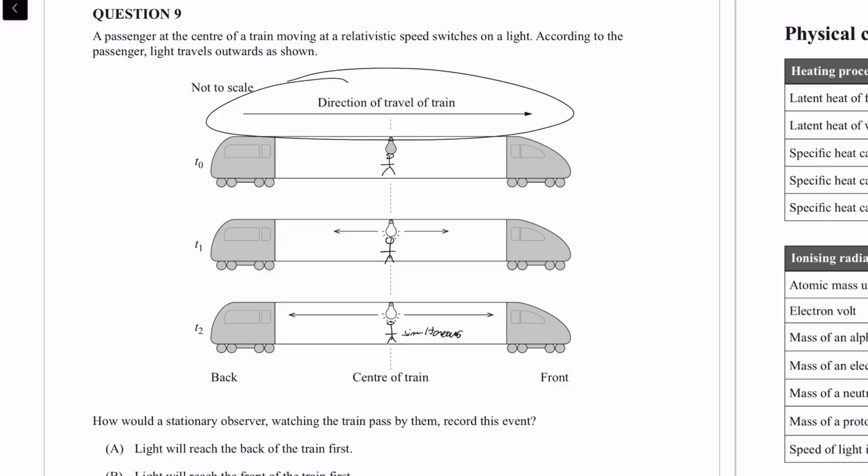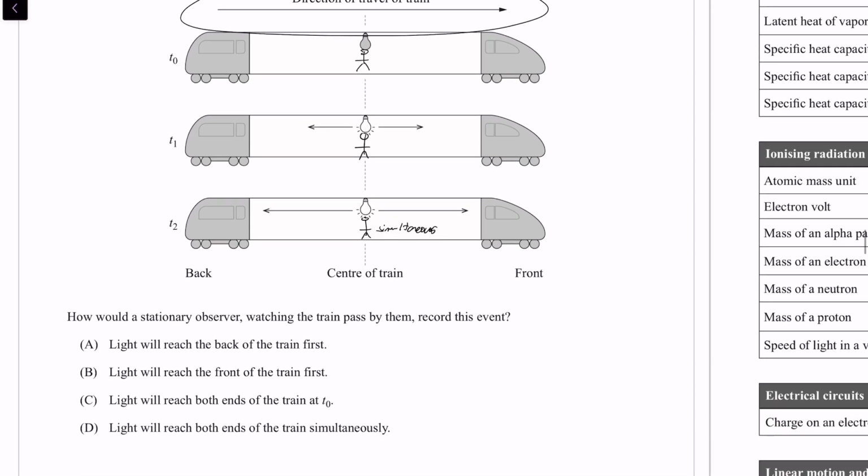So if you imagine the train going towards the right hand side of the page, and you're stationary on this platform here, you're this stick figure, seeing the train pass, where's that train going to be by the time you've seen the light flash? By the time it reaches the one end of the train, it's going to obviously be more to the right.